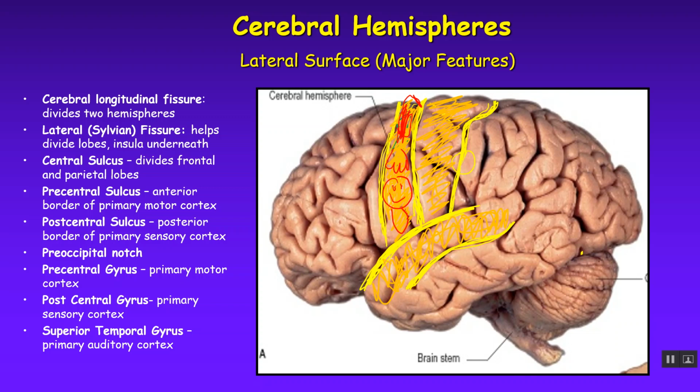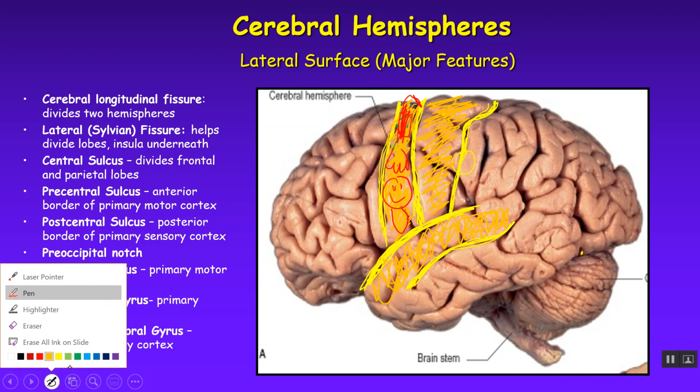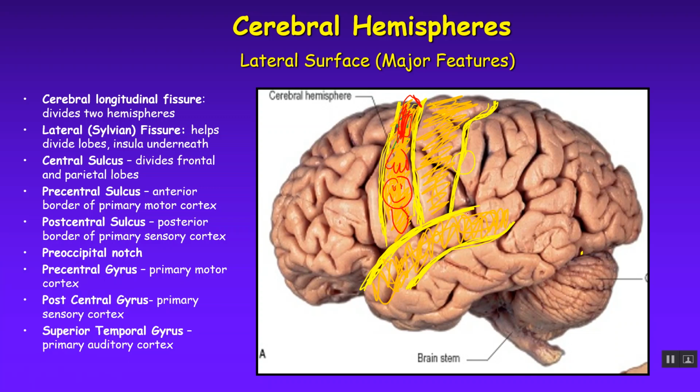The primary auditory cortex is located in there, right about here. This is where your primary auditory cortex is, that's where sound initially lands. It's processed in other areas.